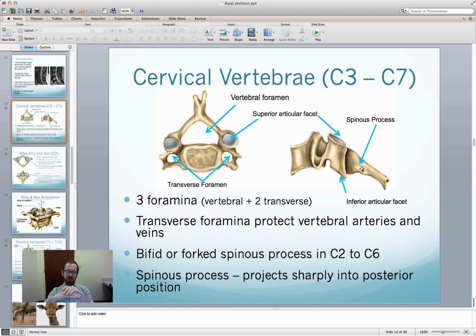It's relatively level, and we'll compare that to other vertebrae, and we'll see that it is in fact sharply pointing into that posterior position. Now another thing to note here is that our articular facets, the superior articular facets, which again is where vertebrae are going to be connecting, these are mostly facing superior. And this is going to be different than other vertebrae.